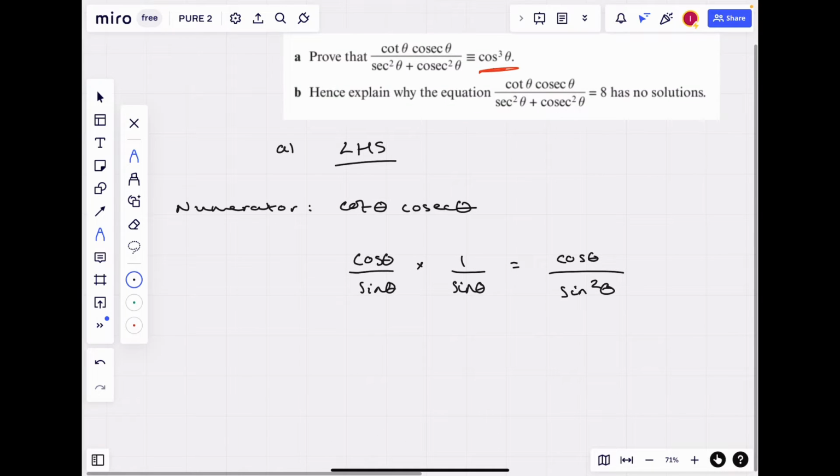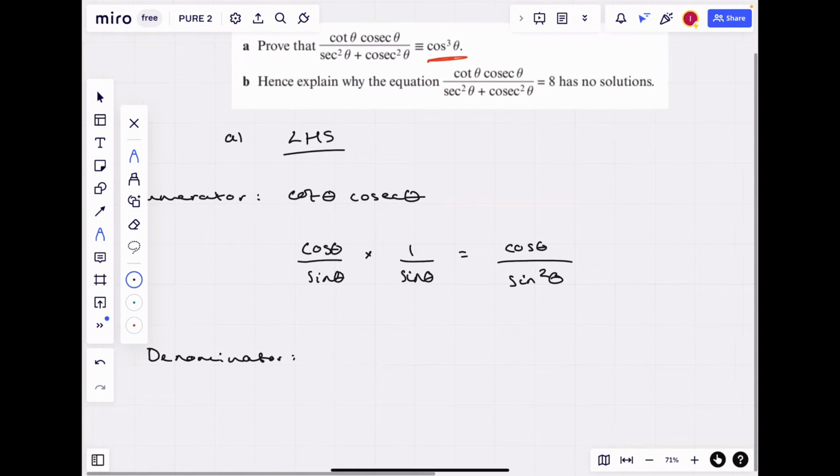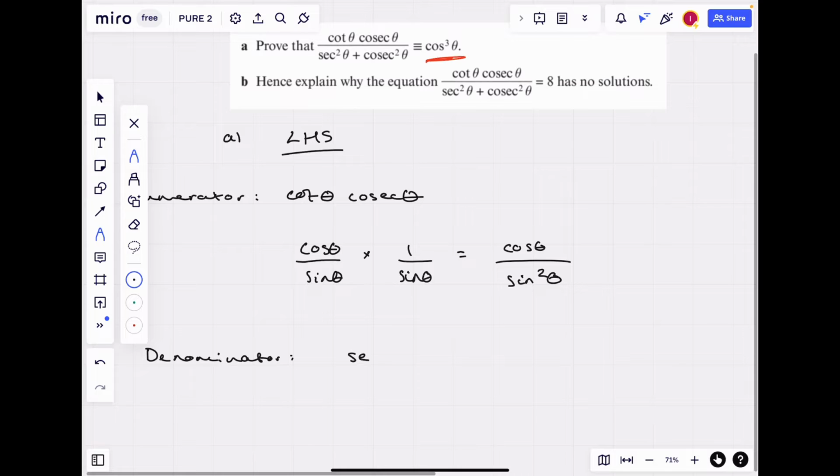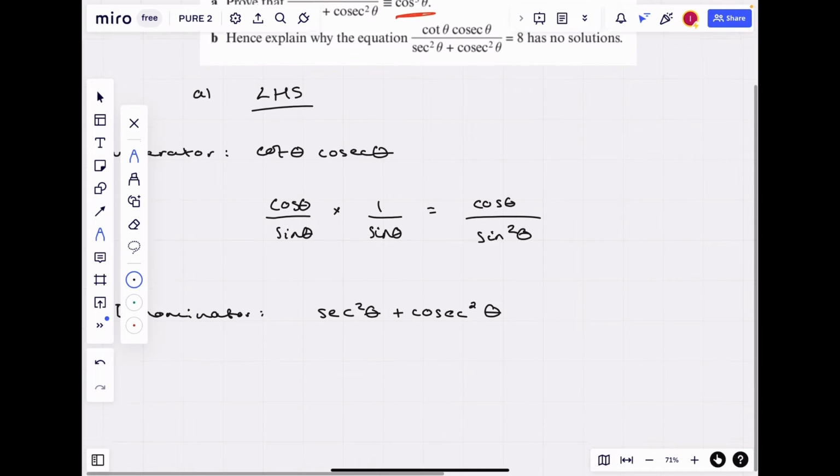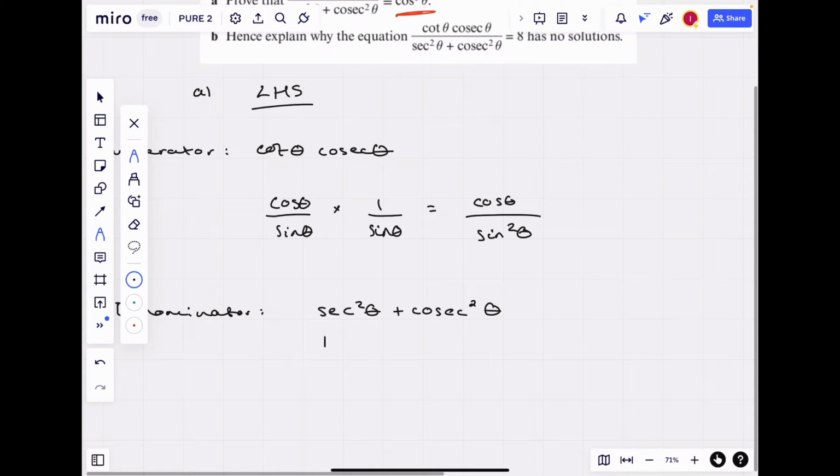Now let's work with the denominator. Sec squared plus cosec squared. Again, we want sine and cos. So 1 over cos squared plus 1 over sine squared.